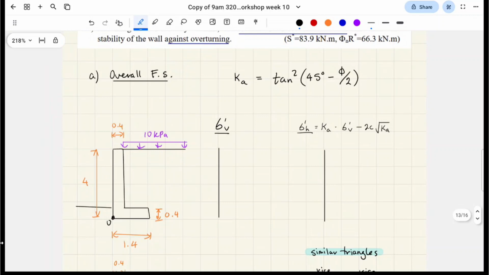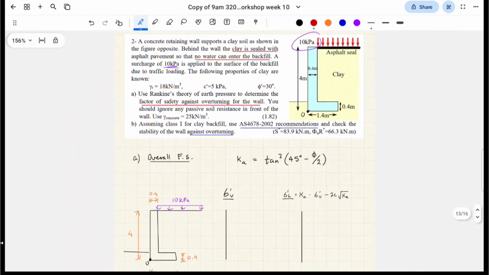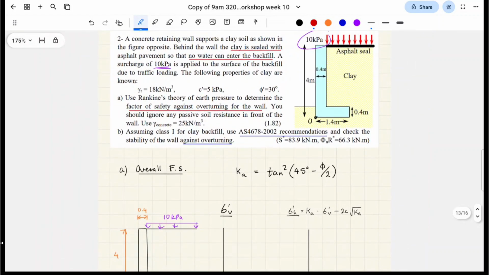Because we're not dealing with the partial factor of safety method in part A, we're going to jump straight ahead to Rankine's theory. That involves calculating the Ka factor, the coefficient of active earth pressure. One thing to note, here it says to ignore any passive soil resistance in front of the wall.